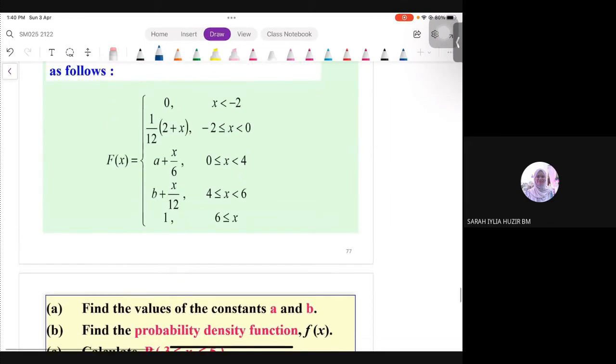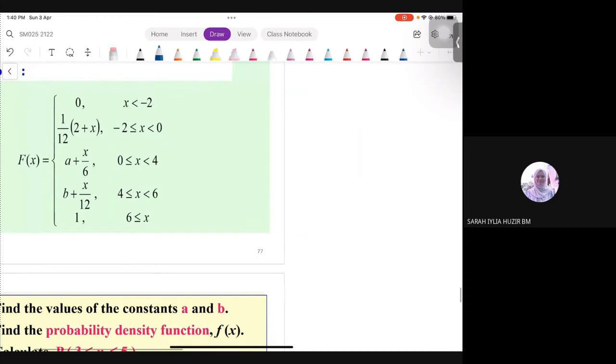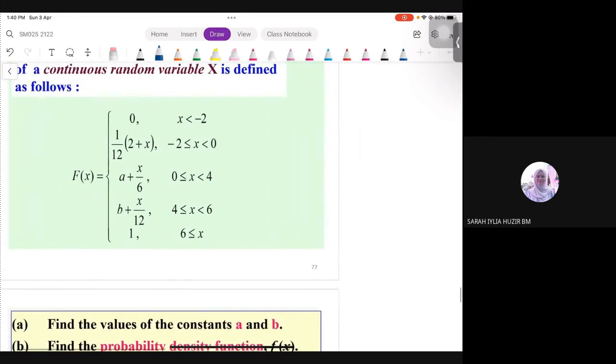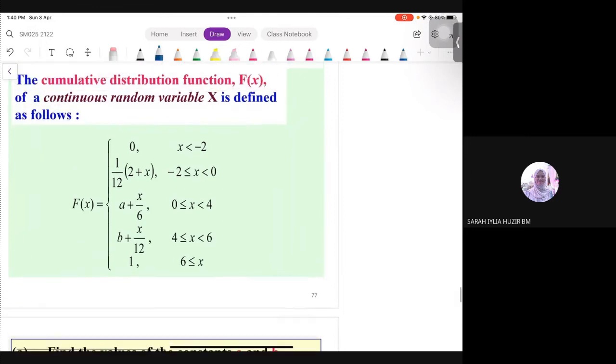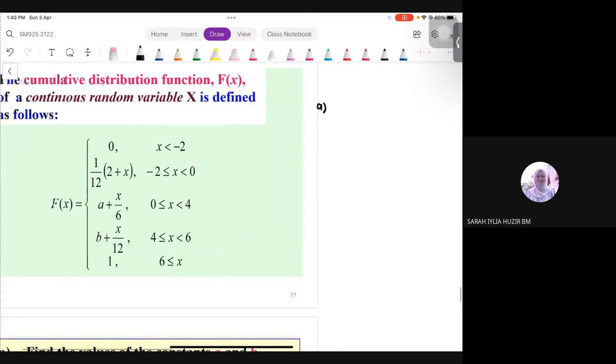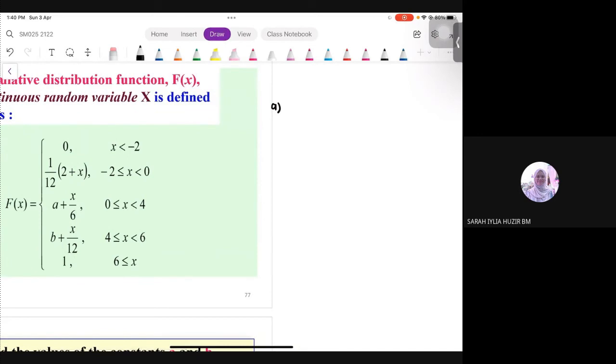In order to find the constants A and B in the function, we must understand the concept of cumulative. Cumulative means a continuous summation of probability. So what can I define here in order to find A and B? Choose the first value of x that you can use.